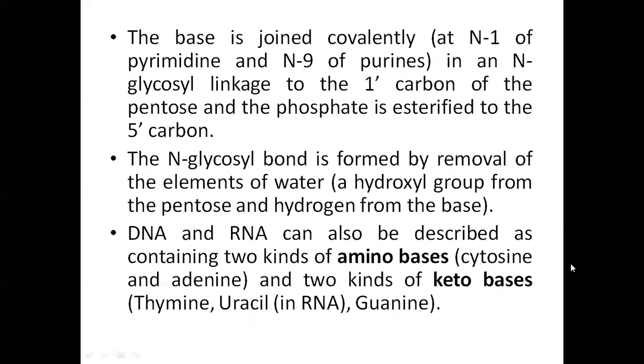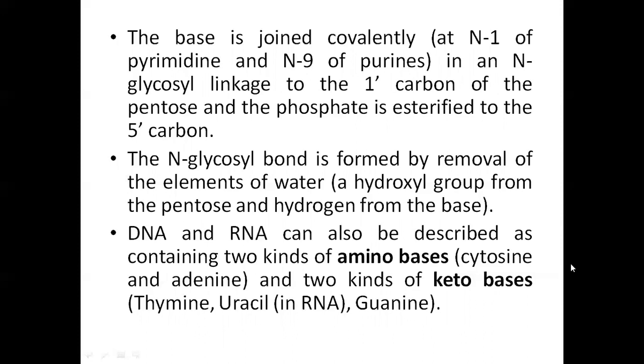It just indicates the position of the carbon in the sugar. So the bases are linked to the first carbon of the pentose sugar by means of a covalent bond. The covalent bond here is the N-glycosidic bond. And the phosphate group is linked to the fifth carbon by means of an ester bond.